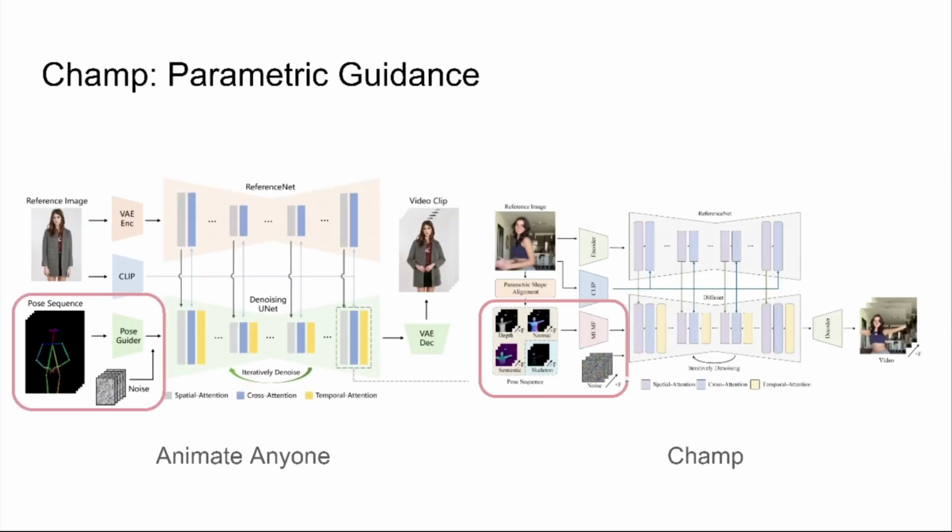Basically, what the pose guider is doing here is very simple. The pose guider is just a few convolution layers. From the input image, you apply a few convolution layers; essentially it's just smoothing the image, kind of a Gaussian blur. And what they do here is another very simple operation: you just add this to a noise image.